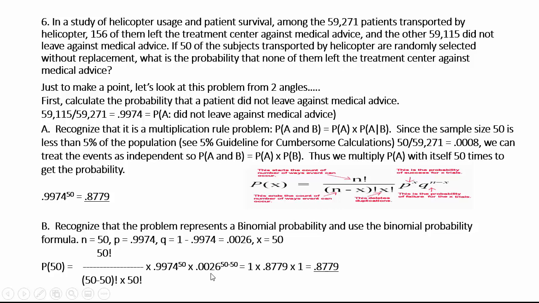And then this last part, 0.0026, which is q. But notice the exponents are 50 minus 50, so you have it to the 0, and anything to the 0 is 1. So you're left with this: 1 times 0.8779, just like we got up here, times 1, or 0.8779.